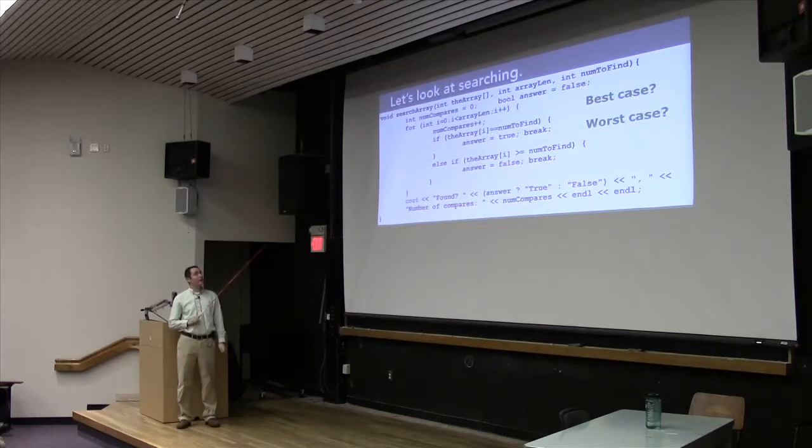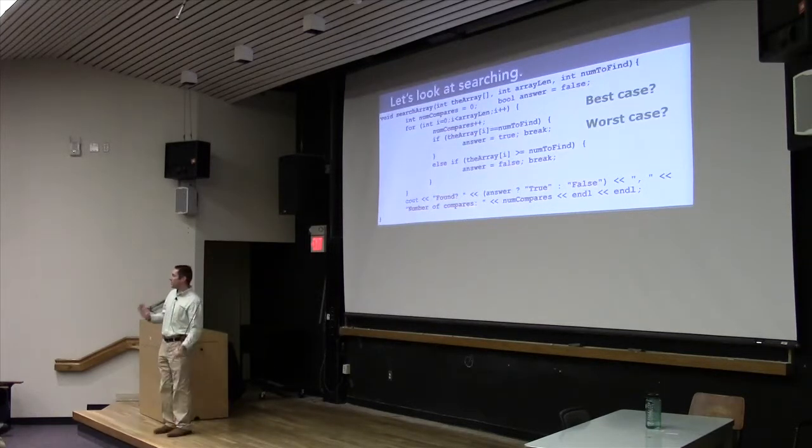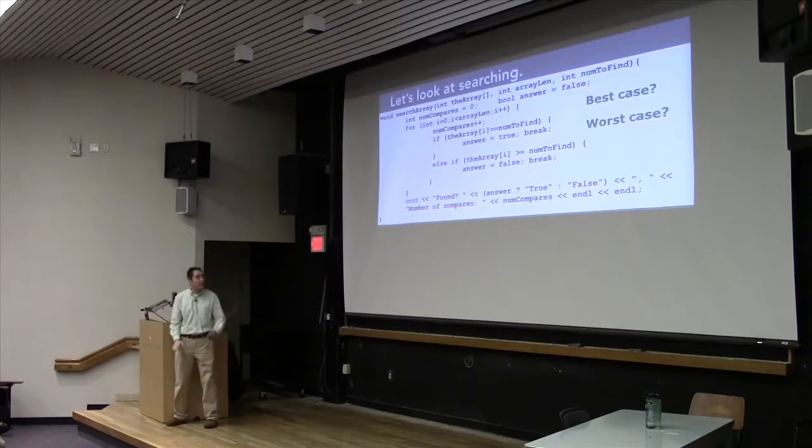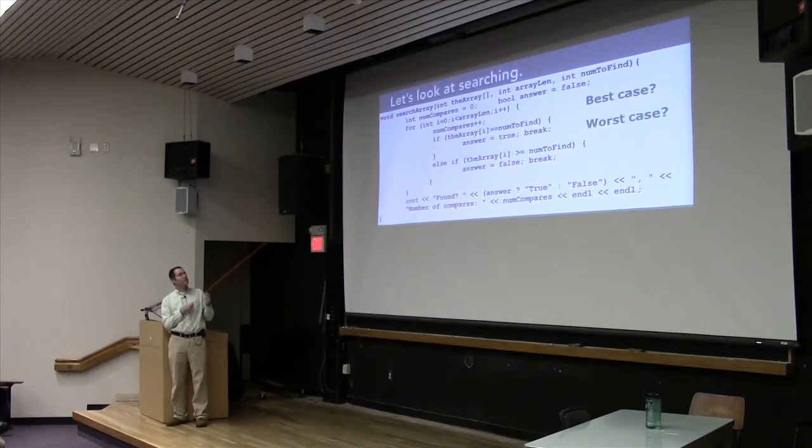And all it's doing, this is a sorted array, by the way. The array goes from 0 all the way up to 1 million, but all the integers are sorted. So what I'm going to do is go through this in a loop from 0 to the array length. It's going to say, is the answer in the array what I'm looking for?